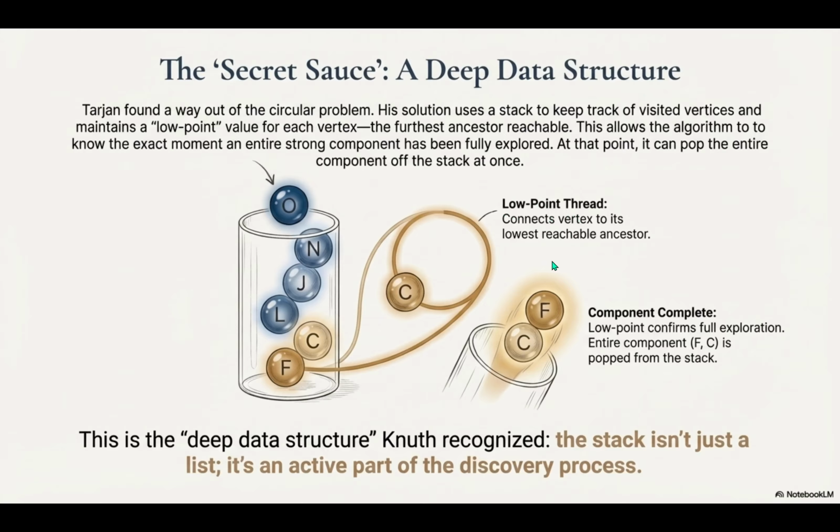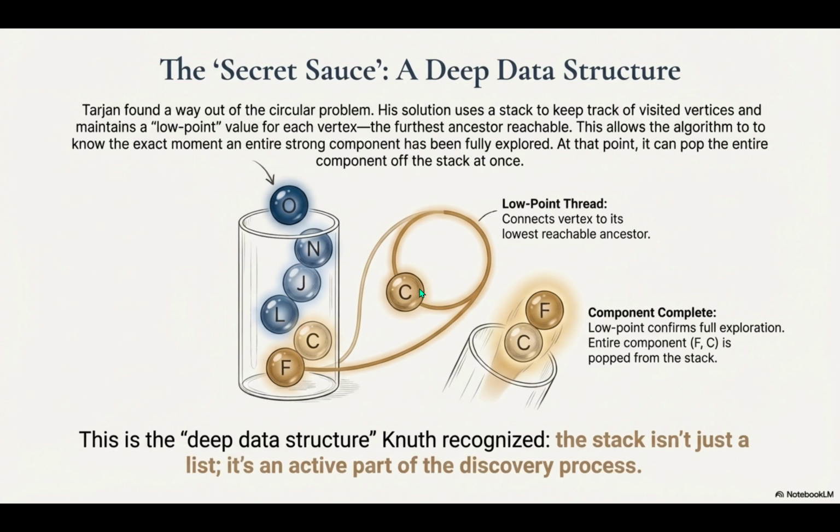The low point is like a memory. It tracks the index of the highest, oldest ancestor that the current task can reach, often by following one of those back arcs we just talked about. So if you hit a back arc, the low point value updates. It updates to point to the root of that cycle. So it's not just tracking what you've seen, it's tracking the furthest point back that the current path is connected to.